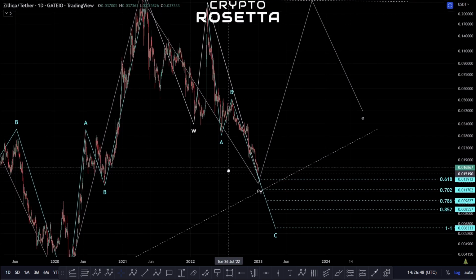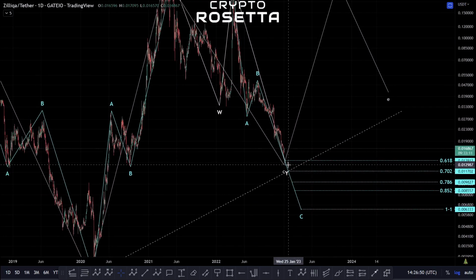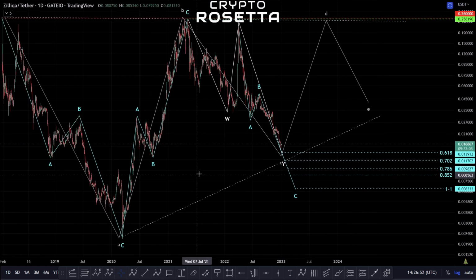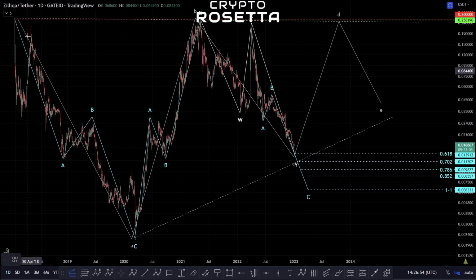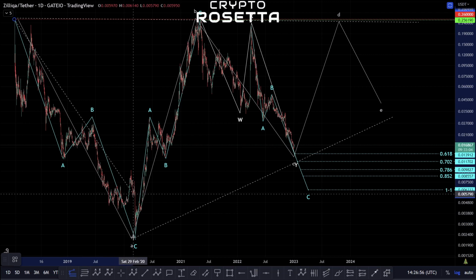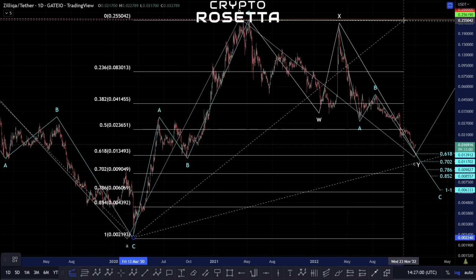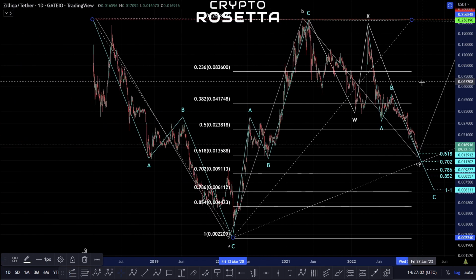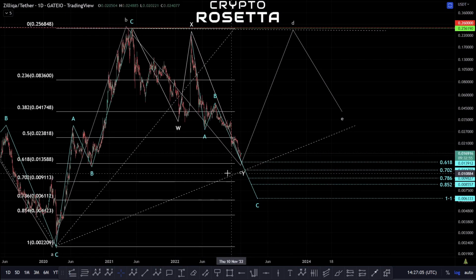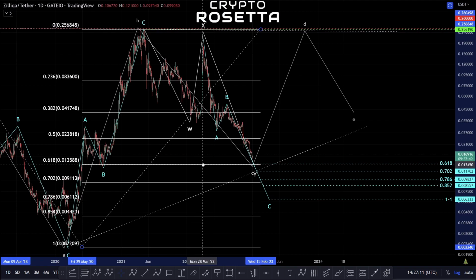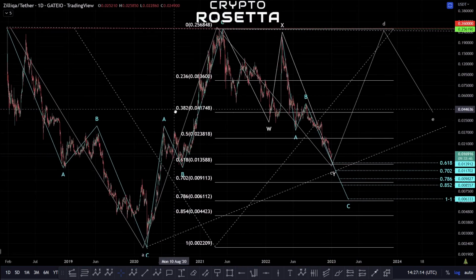So within this, effectively what we could look at, so we're talking about this 0.618. So sometimes what we can get within triangles, and I'm going to just pull this off of here, down onto this low point. So what we can get with triangles is sometimes the waves have a Fib relationship to them. And let's just grab hold of this, move them over here, and then we'll talk about this.